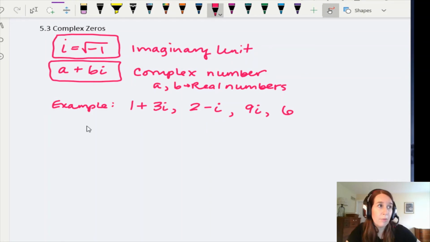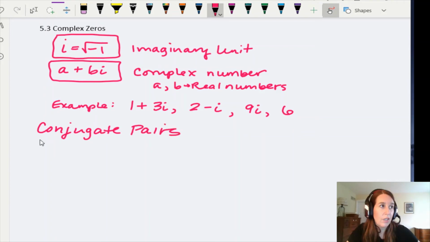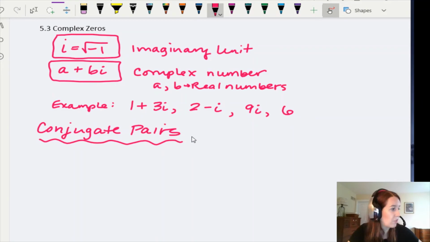So what we want to notice, though, when we're solving these problems is a rule called the conjugate pairs. Okay, sounds kind of creepy, interesting, right? Conjugate pairs.